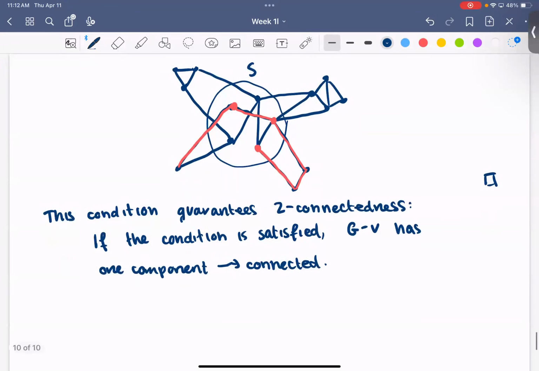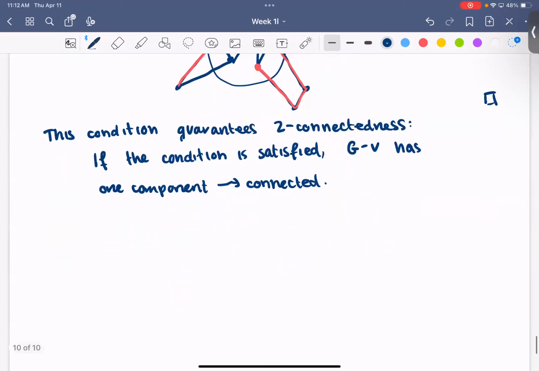Okay, so here's what we have shown. If G is Hamiltonian, that implies two connected. And Hamiltonian implies this condition. I'll just write it.